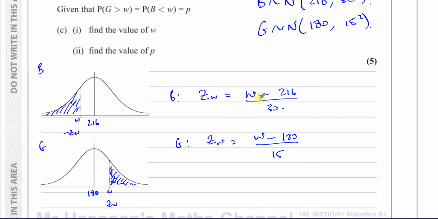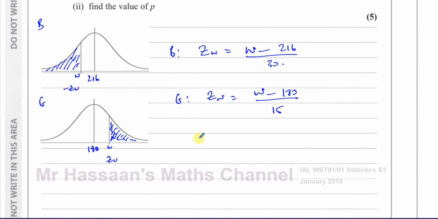Now, these values are going to be opposite values to each other. They're going to be opposite signs. So I could say that W minus 216 over 30 is going to be equal to the opposite sign for the other one, W minus 180 over 15. They have to have opposite signs.